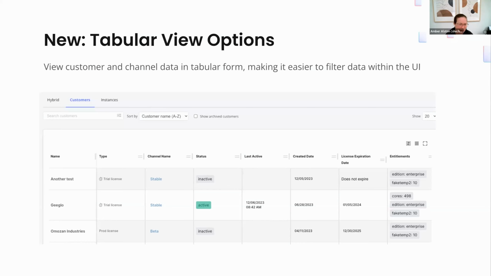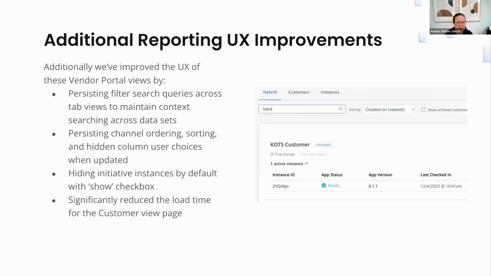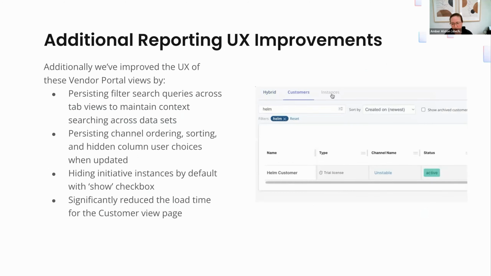So to this end, we added new tabular views that vendors can use to explore, sort, and focus on whatever columns are the most relevant to them, without necessarily needing to export the data into Google Sheets or some other spreadsheet type system just to be able to manipulate the columns and the views. So we're interested in getting your feedback on if this is valuable to you and what else you'd like to do with this data.